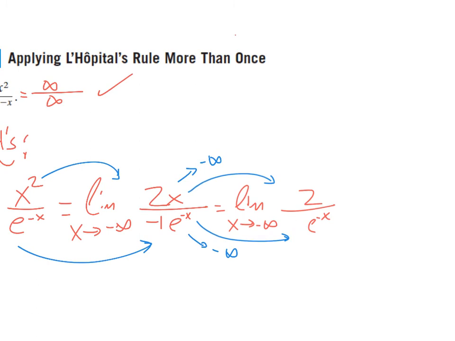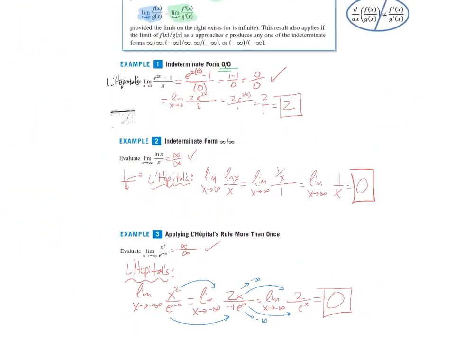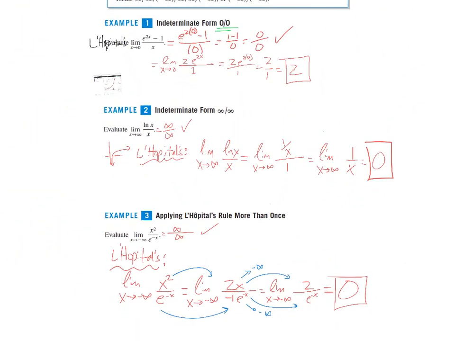All right, and now as x goes to a million or billion and negative, so e to the negative million, that's e to the million, or e to the billion, that's a gigantic number. We have 2 over a gigantic number. 2 over a gigantic number is 0. There it is. Okay, so if L'Hopital's rule doesn't give you what you need for direct substitution once, then use it again.